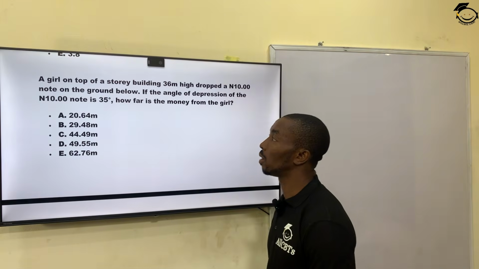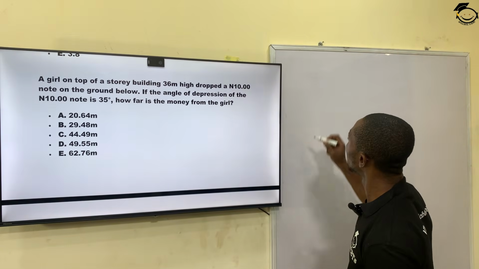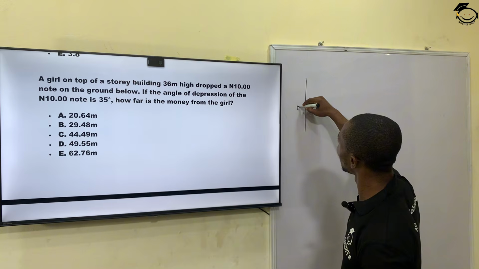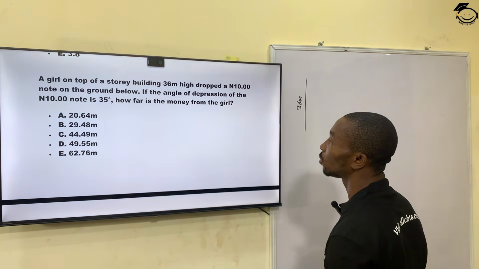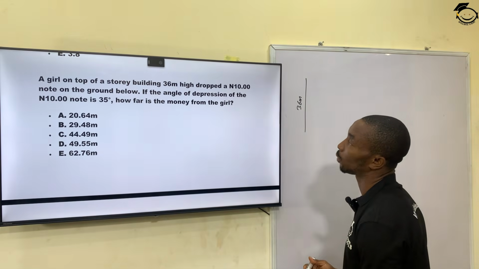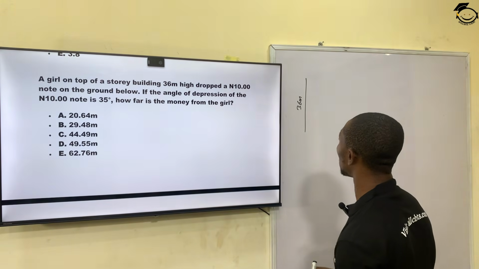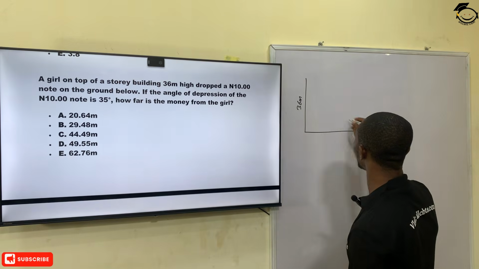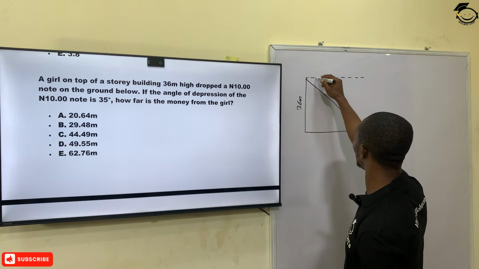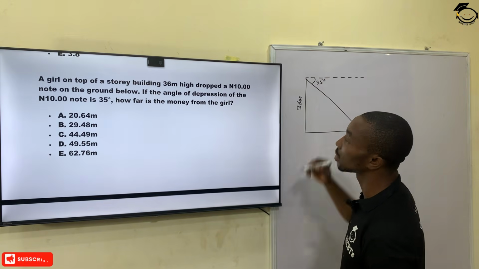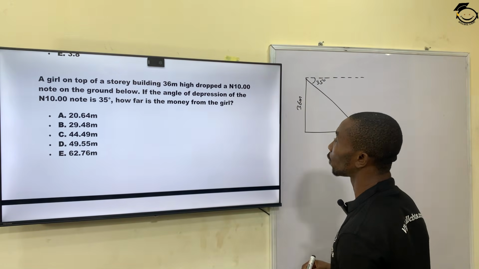A girl on top of a storey building, 36 meters high, drops a 10 naira note on the ground below. If the angle of depression of the 10 naira note is 35 degrees, how far is the note from the girl?